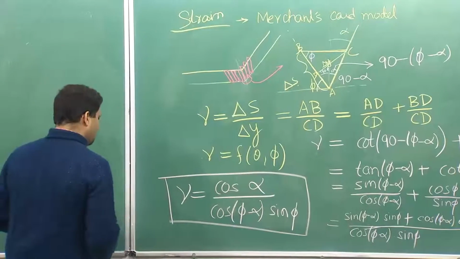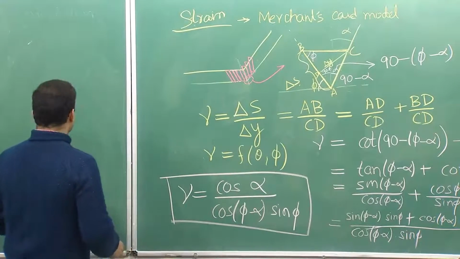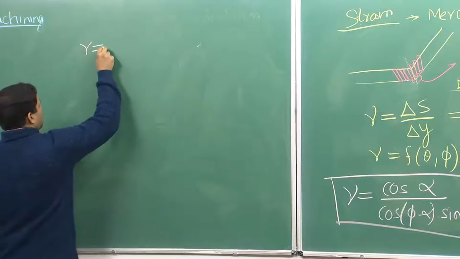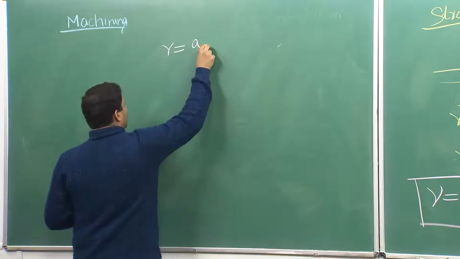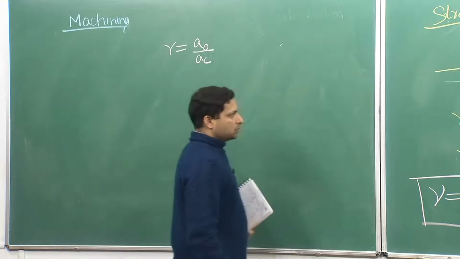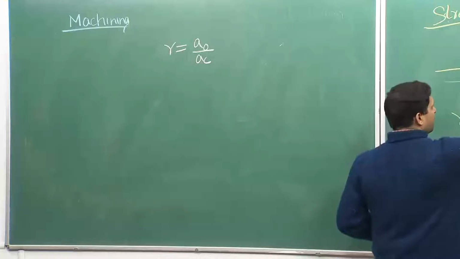Now, this is just one thing, but another factor that we had was r, which is A naught by AC. That too is not very difficult to obtain from here.